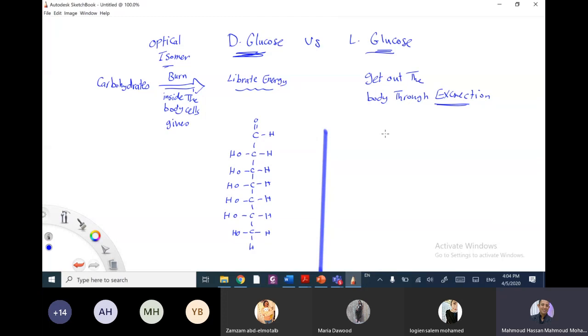So it will be C double bond O, H, with all of the H's on this side and OH on the other side.